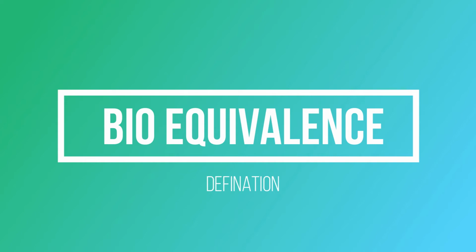The term generic drug product has been defined as interchangeable multi-source pharmaceutical product. Generic products are the copies of branded name drugs with the same dosage form, strength, route of administration, intended use, and toxicity profile as the original innovator drug.